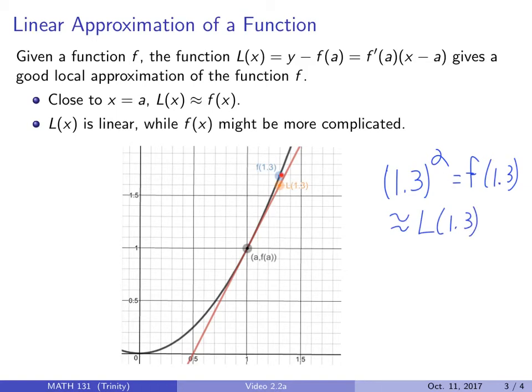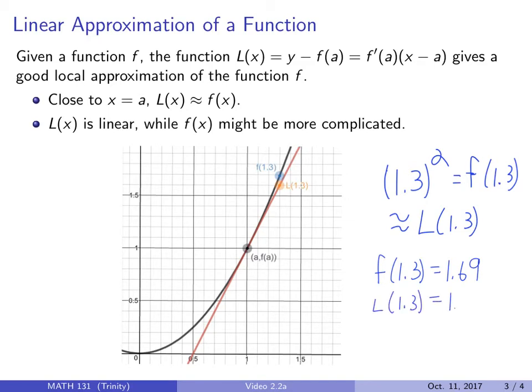We can see on the graph how close these two values are: f of 1.3 is right here versus L of 1.3, which is right here. The y values aren't very far apart. If you did the calculations, f of 1.3 is 1.69, while L of 1.3 is 1.6.